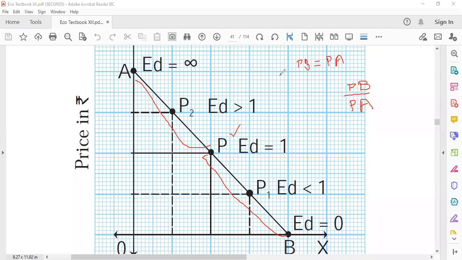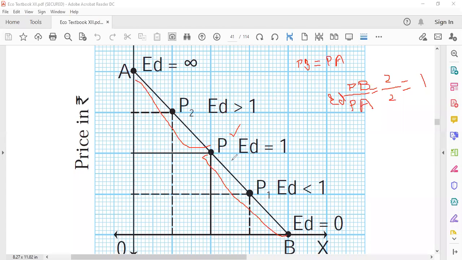Suppose PB is say 2 अभी PB suppose 2 है and PA is also 2. So what will be the coefficient of elasticity? The coefficient of elasticity of a demand in this case will be equal to 1. So here we get the coefficient of elasticity equal to 1.